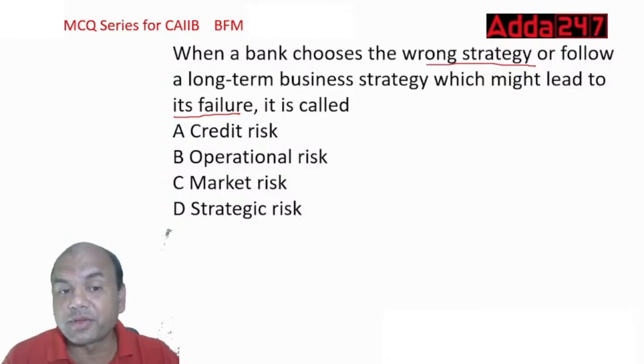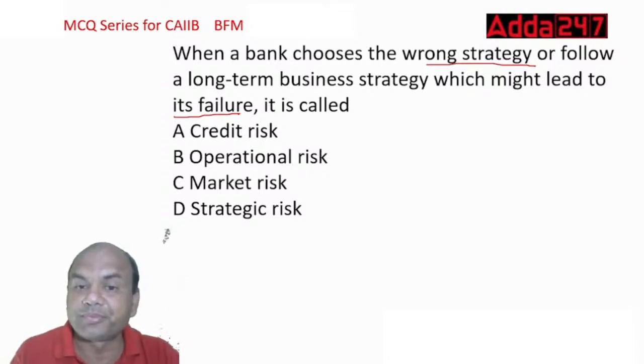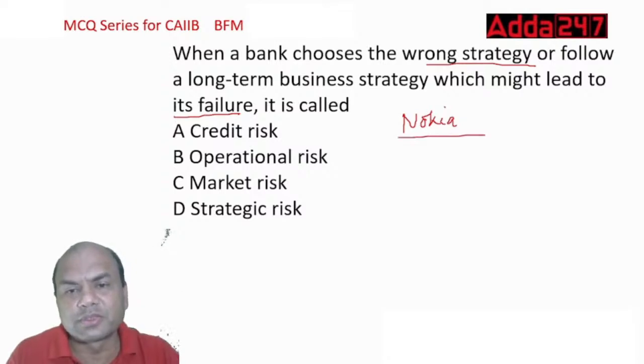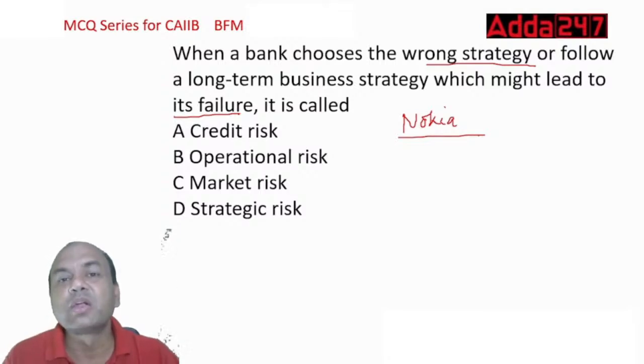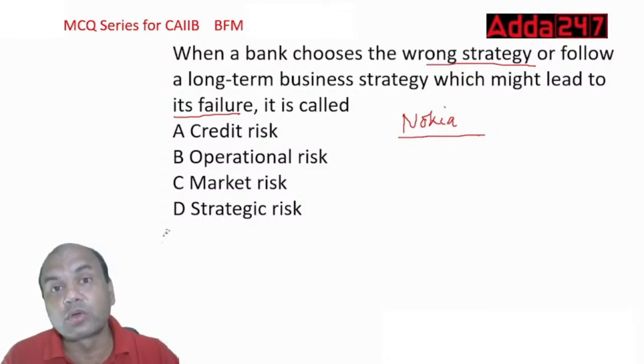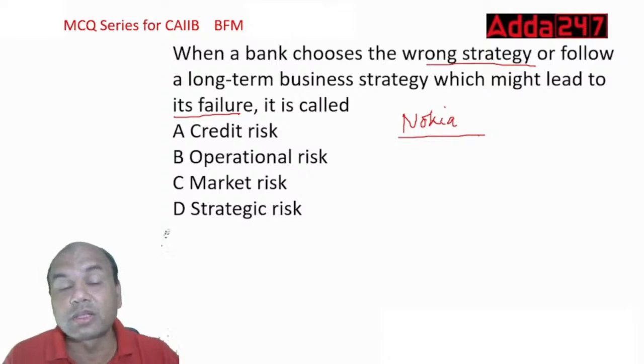Long-term strategy. Okay, I'll give you an example. Nokia. You all might have seen those Nokia phones some 15 years back, isn't it? 2008. Nokia was the market leader in mobile phones. At that time, it was thought that Nokia will never die, as during the British time it was thought that the sun never sets in the British Empire.